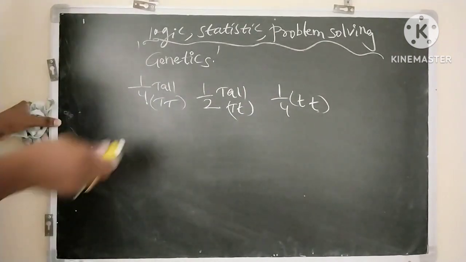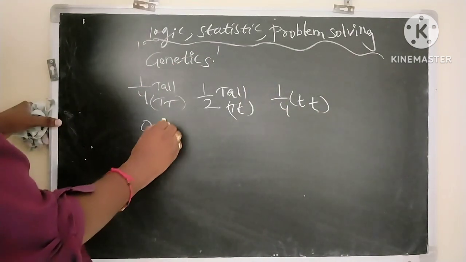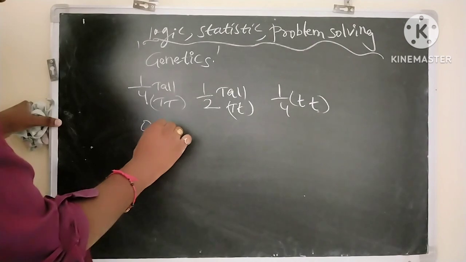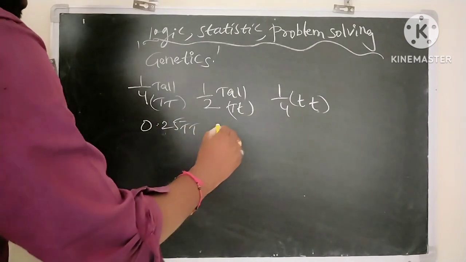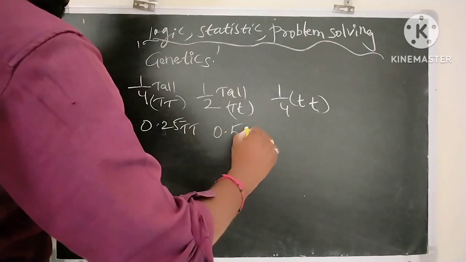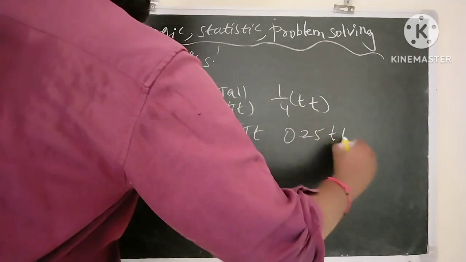We can also express them as probability: 0.25 TT, 0.5 capital T small t, 0.25 small t small t.